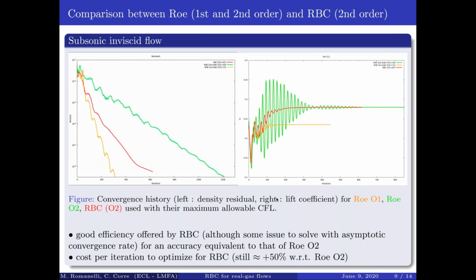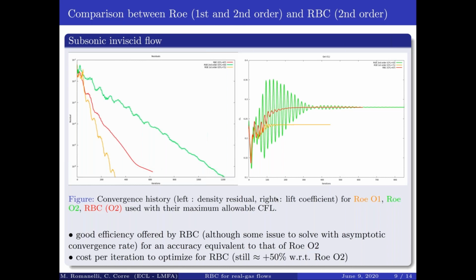Here I report the convergence to steady state of the Roe scheme, first order in orange, Roe scheme second order in green, and RBC in red. It's too small, okay, but for each scheme we've actually been using the maximum CFL number offering the best convergence we could achieve. On the left, I'm showing the density residual, and on the right, the convergence of the lift coefficient.